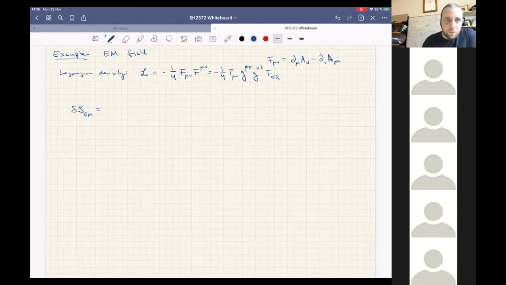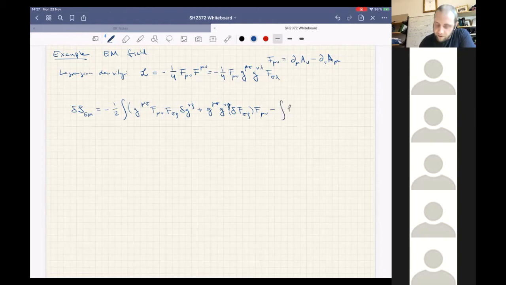Going through this, it's again a rather lengthy computation, but what you end up with is something like the following: minus 1/2, and then we have g mu sigma, F mu nu, F sigma rho, delta g nu rho, plus g mu sigma, g nu rho, delta F sigma rho times F mu nu. So this is just varying each term individually. Minus, and then we have a term which is the Lagrangian itself, and delta square root of minus g, d4x, and this of course also goes here outside of everything.